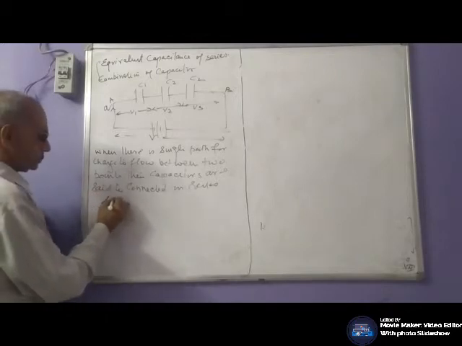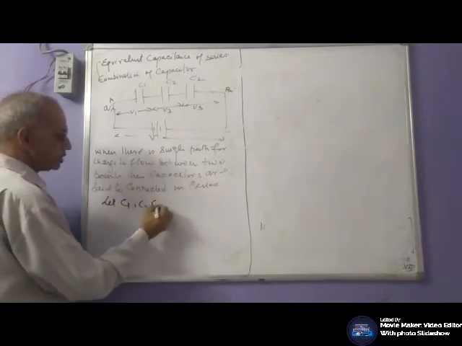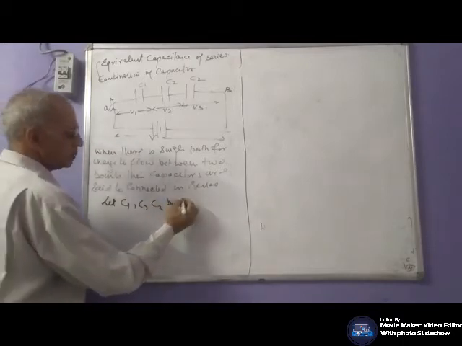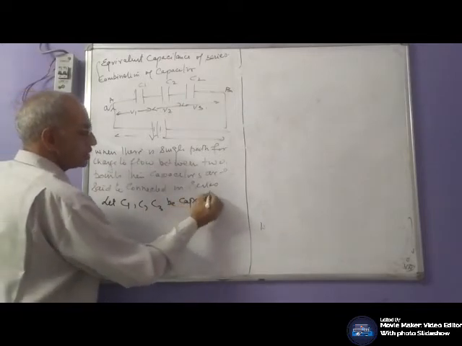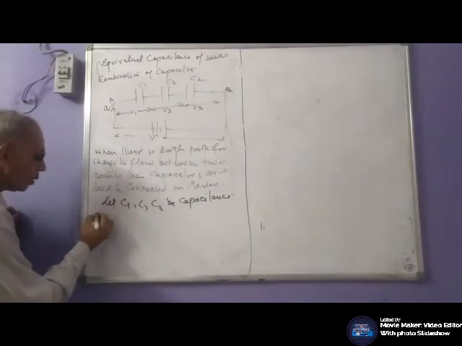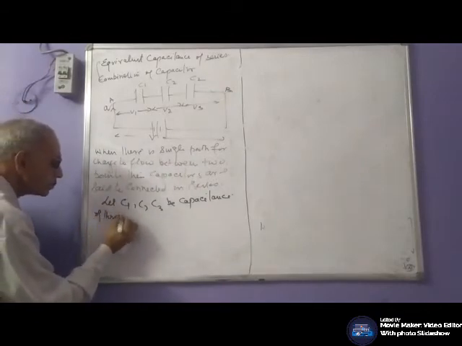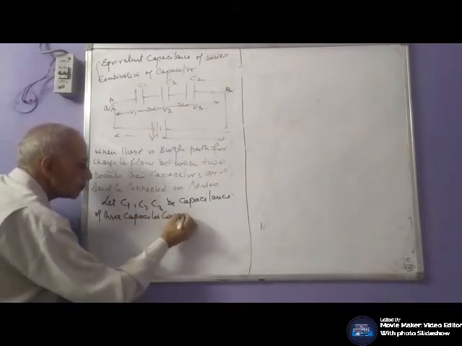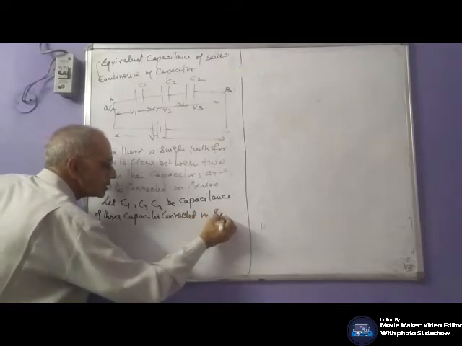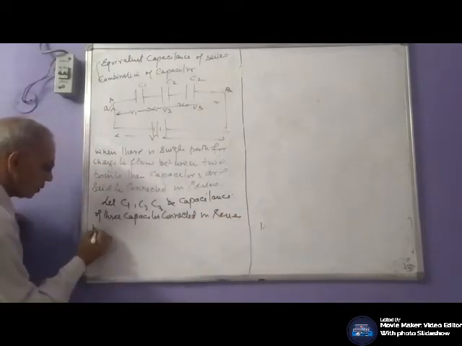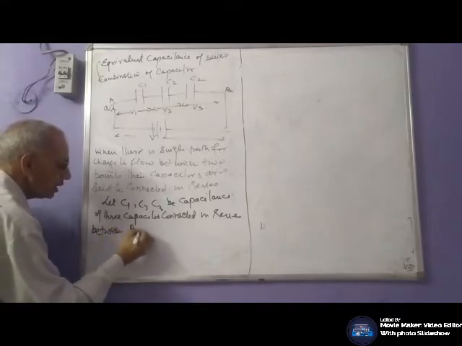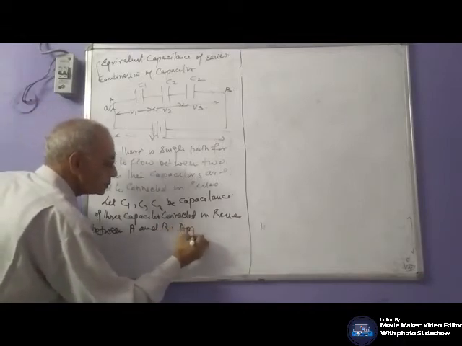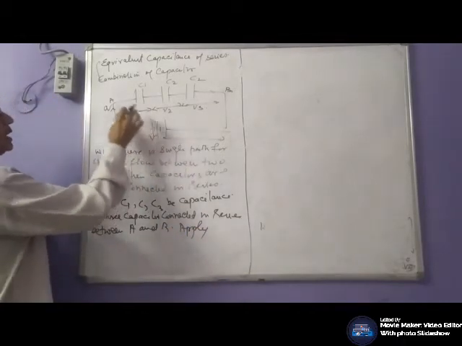Let C1, C2, C3 be the capacitances of 3 capacitors connected in series between A and B. For the sake of simplicity, we take 3 capacitors. Apply a battery here.